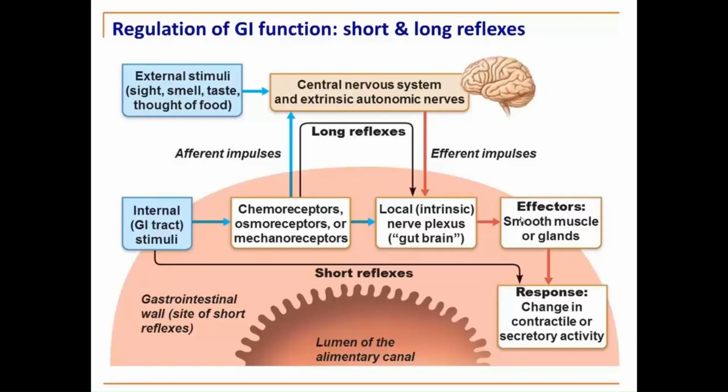So in other words, the autonomic nervous system, which is your parasympathetic and sympathetic, allows the central nervous system to influence motility and secretory activity. So remember, that long reflex pathway involves the parasympathetic nervous system and the sympathetic nervous system, which is obviously going to inhibit motility and secretions.